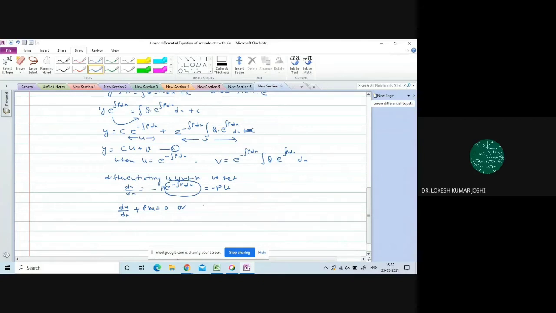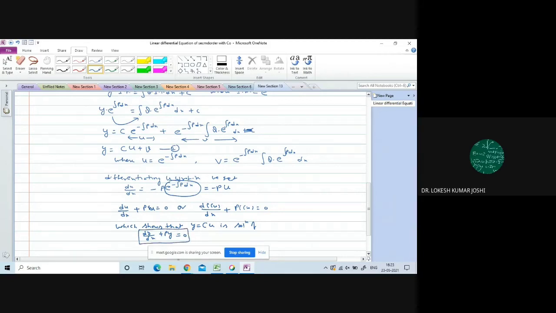Or we can write it like this: d(cu)/dx plus p cu equals 0, which shows that y equals cu is solution of dy/dx plus py equals 0.